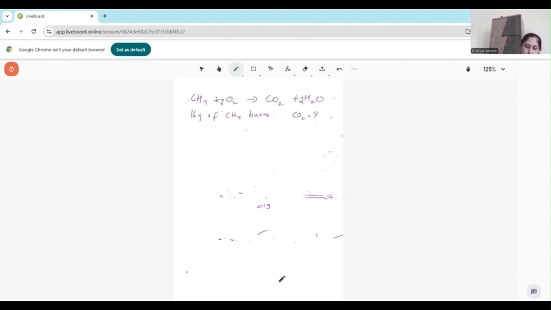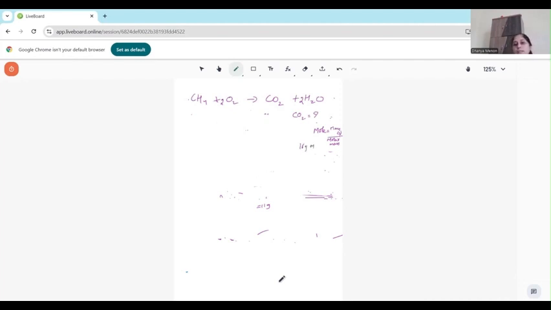For this, I will go with the mole concept. You already know the formula to find the moles. Mole equals mass in grams over molar mass. So 16 grams of methane is burning.